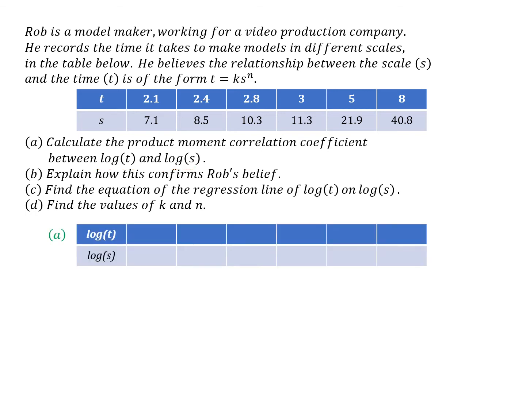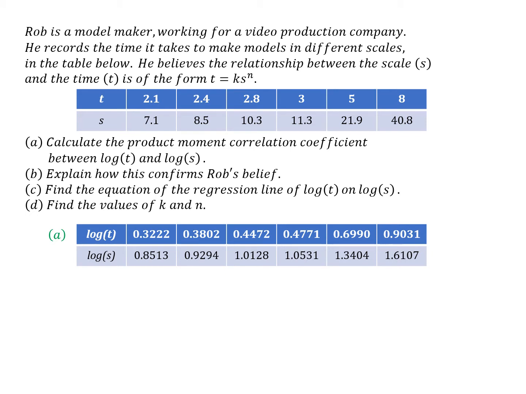So here's the table which has got all blanks in it, and when we take the log of 2.1 we get a value, the log of 7.1 we get a value, etc, etc, and when we pop those into this table, these are the values we get.